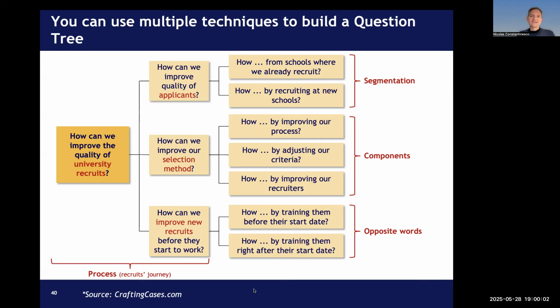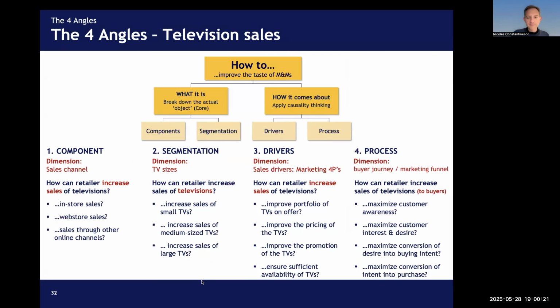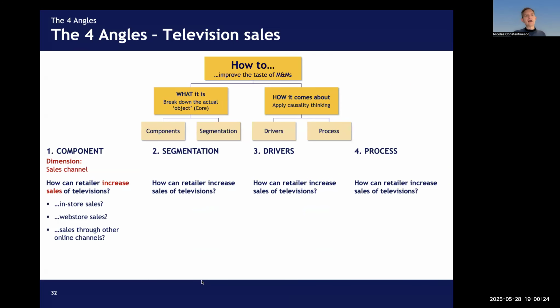Well, no, there's nothing mandatory. What I think in general is very good is, if you're confronted with a question, let's go back to something that we did before. The TV thing. There we go. If you're confronted with a question like how can we increase the sales of televisions, I think it's really good if you're able to come up with a couple of different perspectives. 2, 3, 4 is even better, assuming I'm going to ignore constraints of time and all this kind of stuff right now.